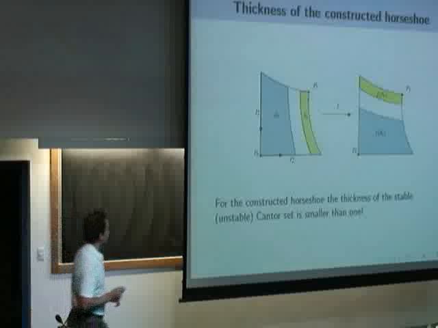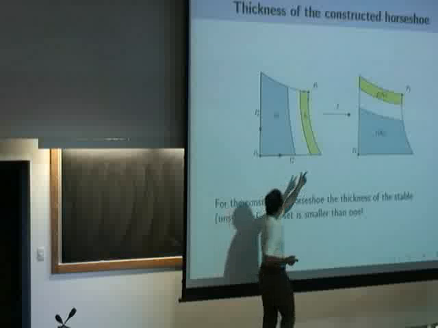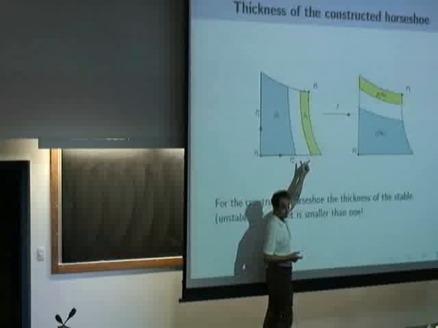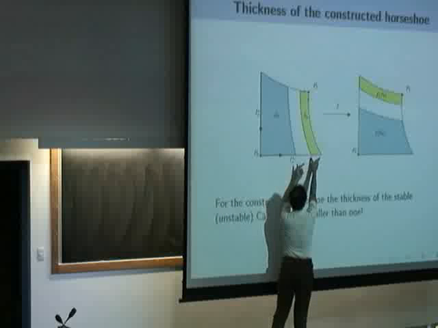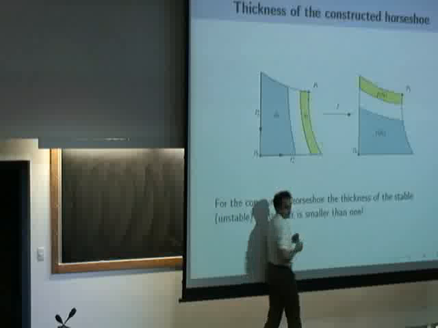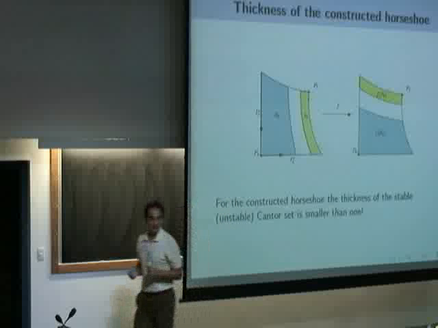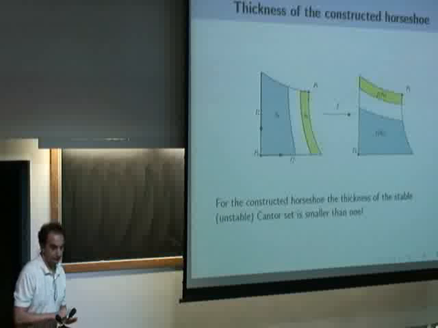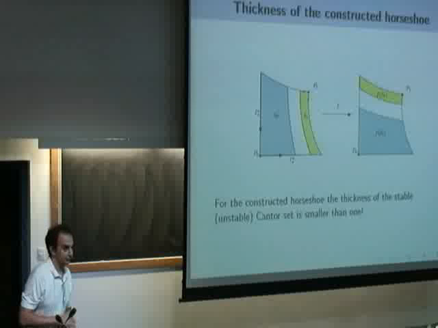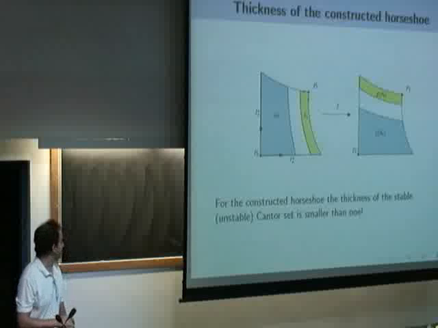Moreover, this leg is smaller than this gap, which means that the thickness is going to be very small, because how do you calculate the thickness? You take this part and divide it by this part. And it's going to be really, really small. So you cannot directly apply the Newhouse gap lemma in order to establish, for example, persistent homoclinic tangencies.